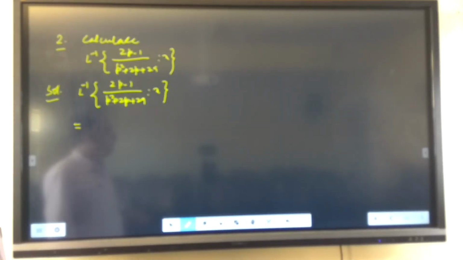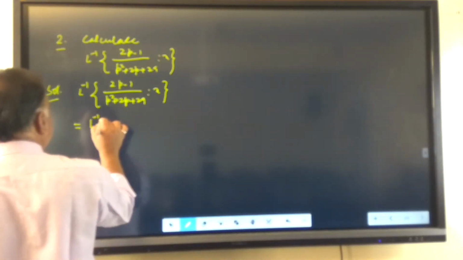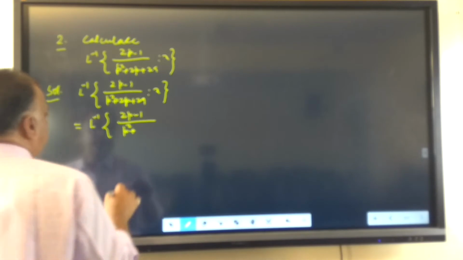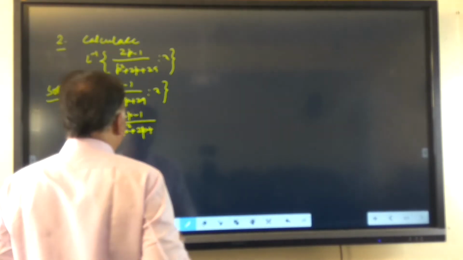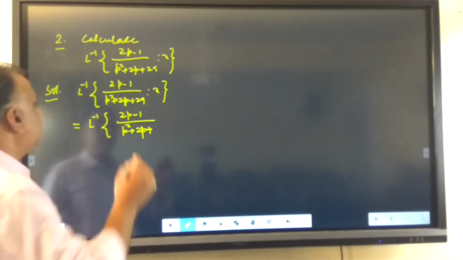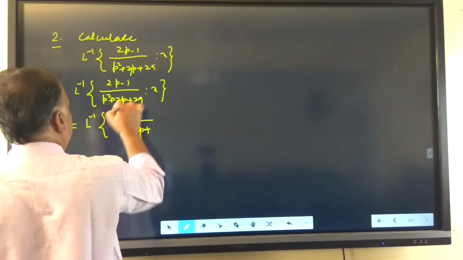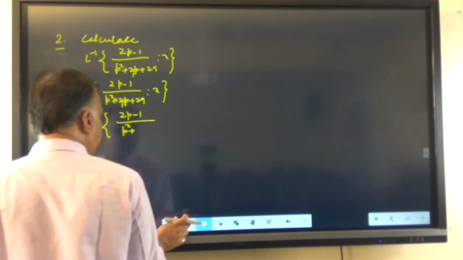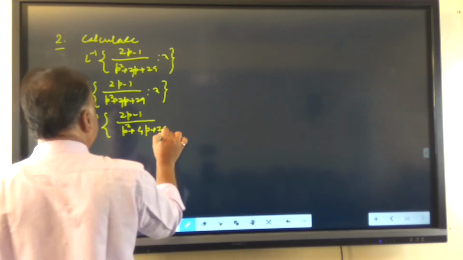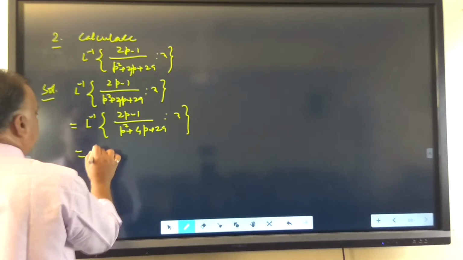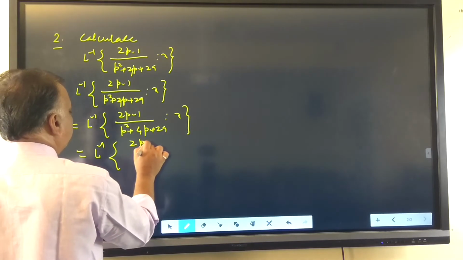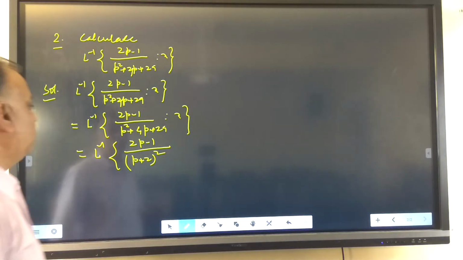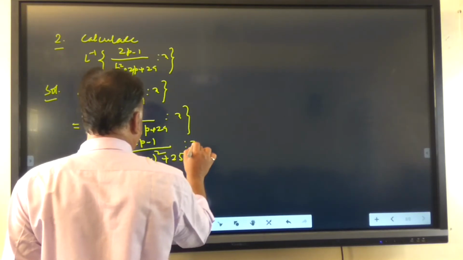Sorry, it is 4p, not 2p. This can be written as the inverse Laplace transformation of (2p minus 1) upon ((p plus 2) whole square plus 25) with respect to x.